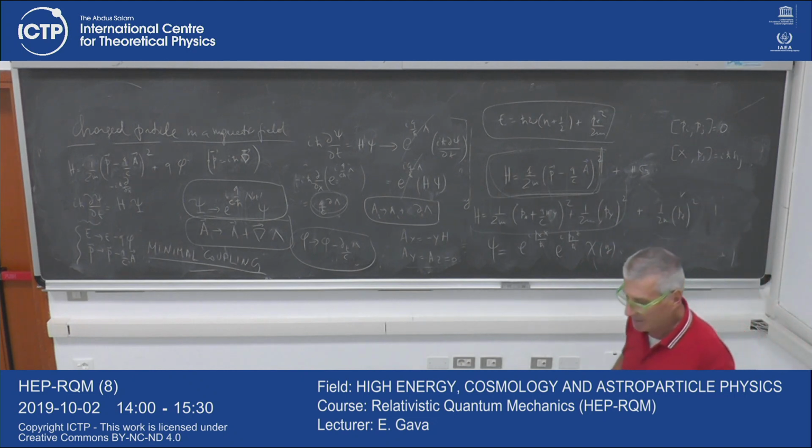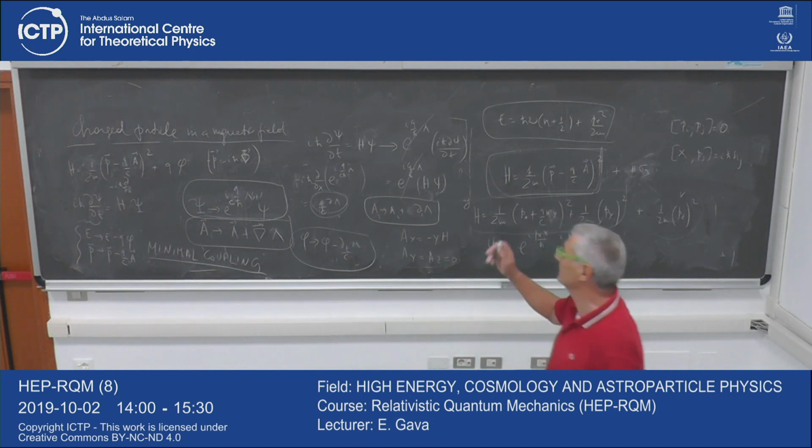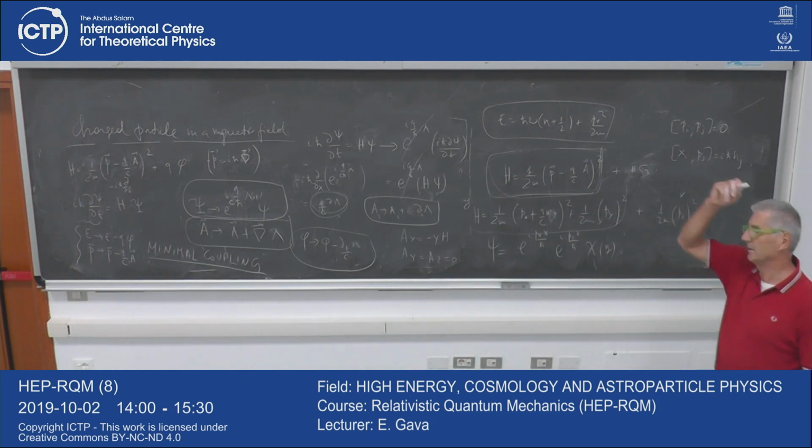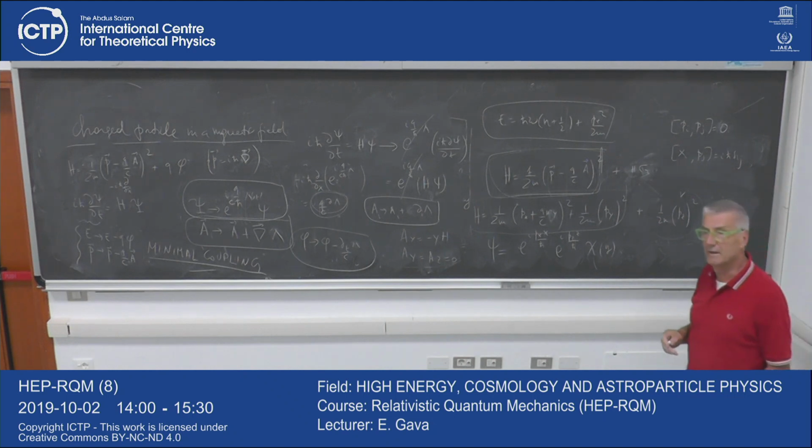So this is the Landau level problem, which has many applications, more in condensed matter physics, I would say. So this is the quantum version of the helix picture that you have in the classical case.